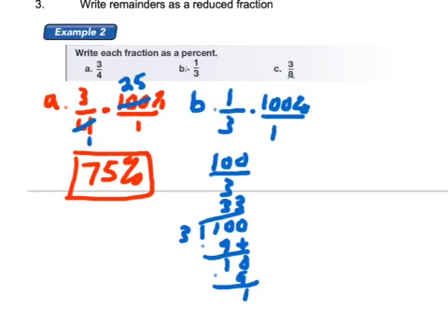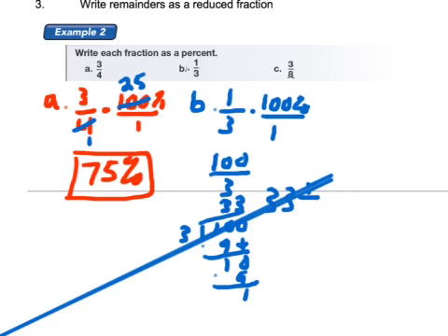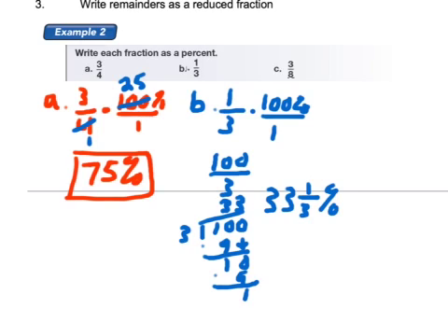This number down here, the remainder, is the numerator of my fraction. And then this number over here, the side number, is the denominator of my fraction. So it's 33 and 1/3, and again we were looking for percent. 33 and 1/3%. And again, if you forget where the numbers went, 33 went right here.